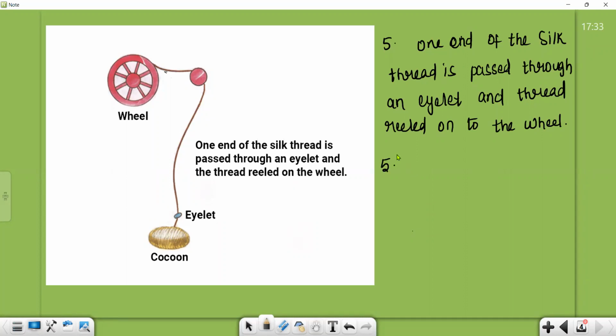Now, after reeling, what happens? The single filaments are washed, dried, and twisted to form a yarn. You know what a yarn is, right?